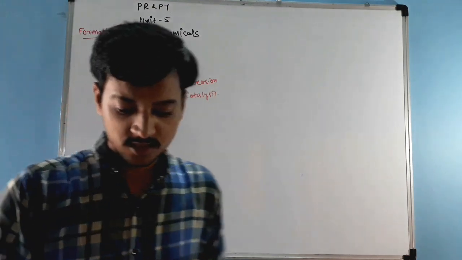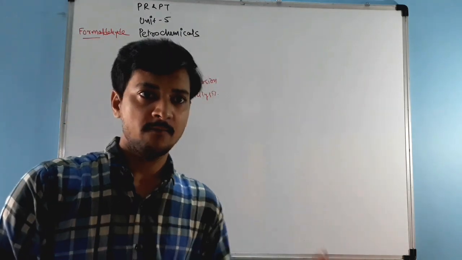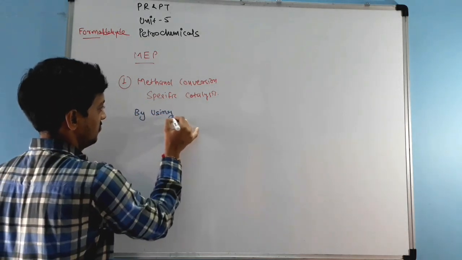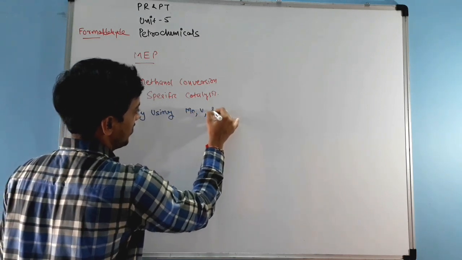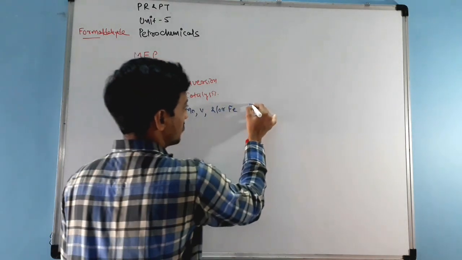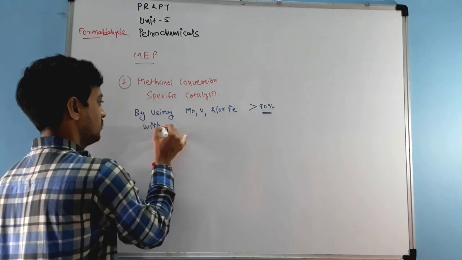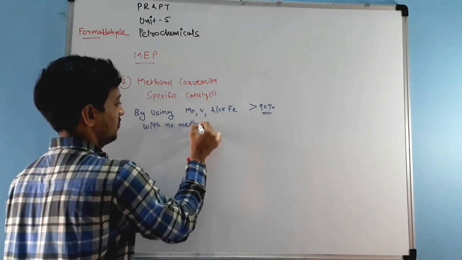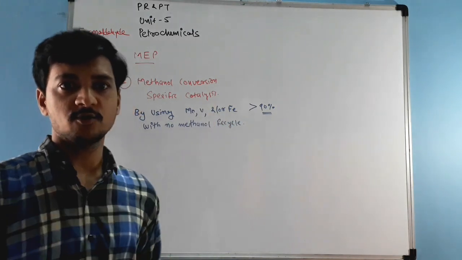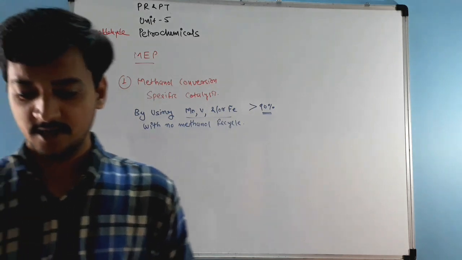In this process the catalyst used is silver or copper, which gives methanol to be recycled, but by using molybdenum, vanadium and or Fe or their oxides, we get greater than 90% yield with no methanol recycle. This is the advantage of catalysis.